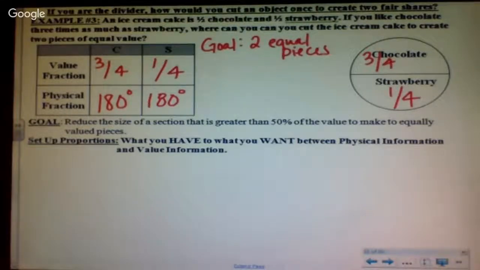So what you want to do is take from this bigger section and give it to the smaller section. So we're going to cut into the chocolate and give some of the chocolate to the strawberry. How we do that is we use something called want over from where. Okay. We're going to set up a proportion.